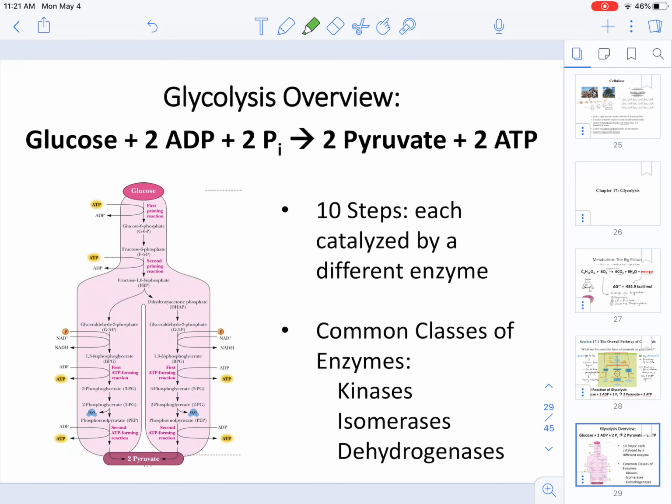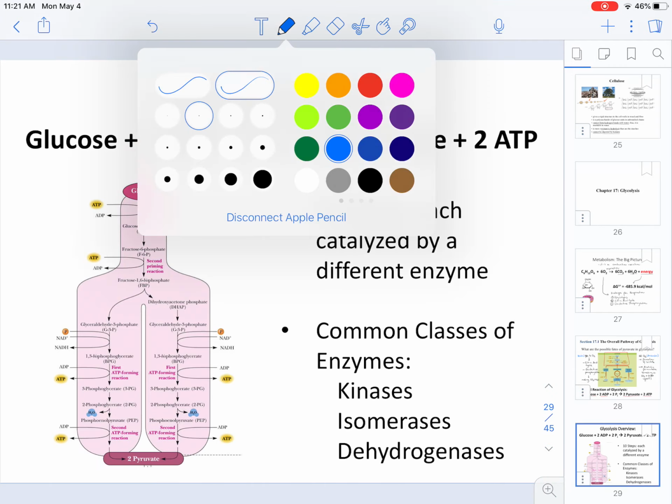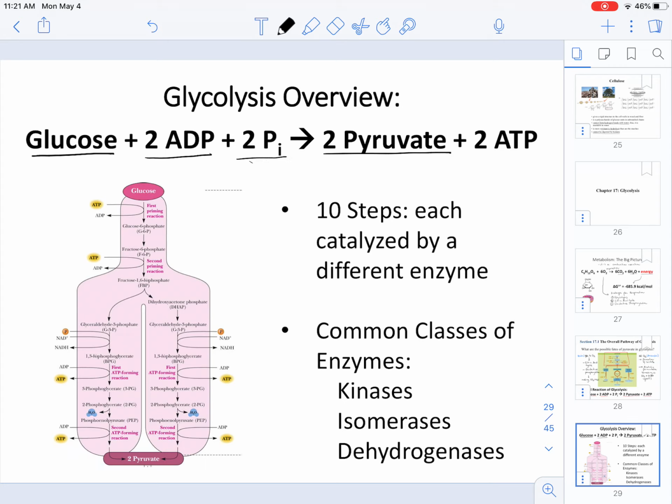So let's look at the overall view of glycolysis. As I expressed previously, in the process of glycolysis, what we have is the conversion of glucose to 2 pyruvate molecules, and overall in this process we will be converting 2 ADP molecules that will be combined with inorganic phosphate to produce 2 ATPs.